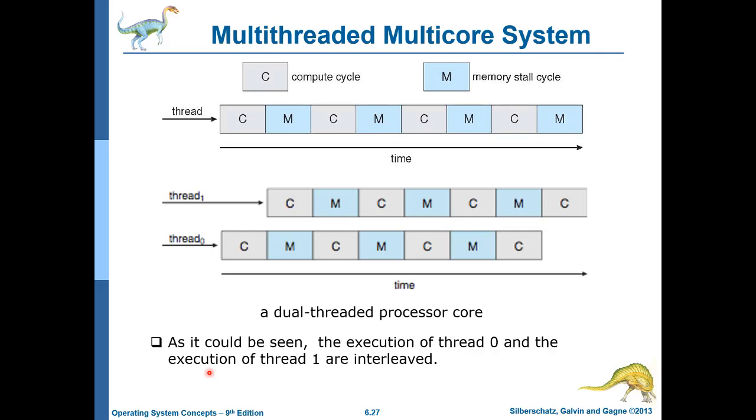So the CPU can then bring in thread 0, but it keeps thread 1 continuing until it reaches a memory stall. Then thread 1 has to wait, so the CPU loads thread 0 again, and in this way the CPU switches between thread 1 and thread 0, and it is almost always doing some execution, so it does not have to wait.